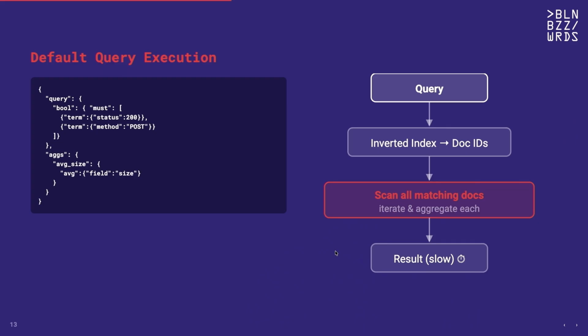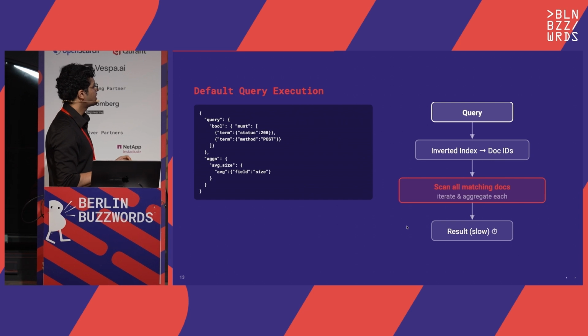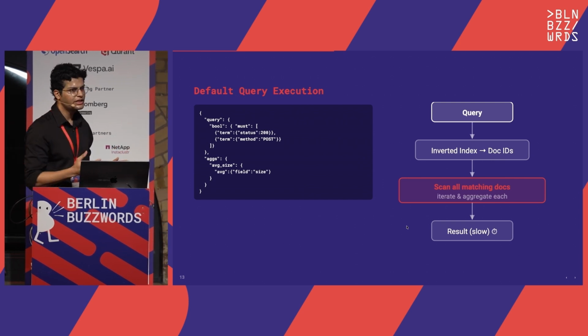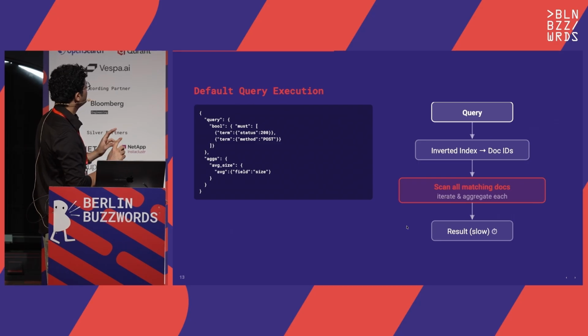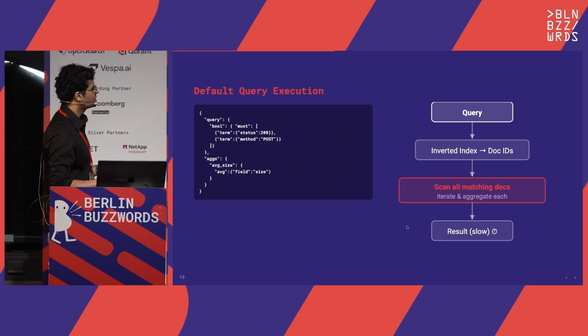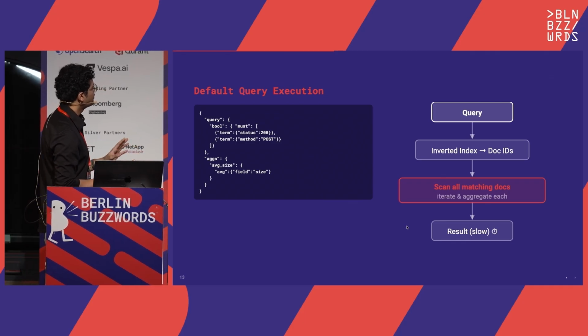The first phase is the query part. We use fast Lucene structures like the inverted index or BKD trees to find the matching document IDs where method equals post and status is 200. This part is fast.